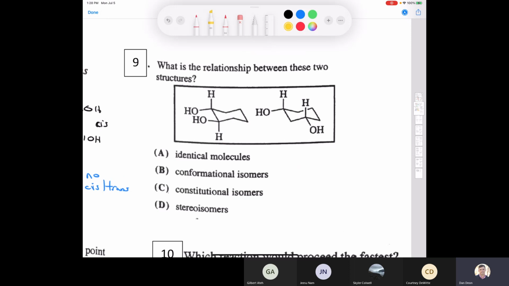Can anybody answer this one? Number 9. What would the relationship be between these two structures? Yeah, I think they're just constitutional isomers, aren't they? I agree with you. They're both constitutional isomers.